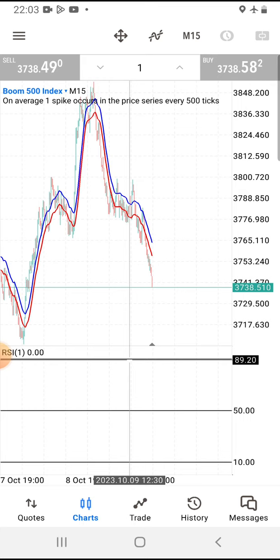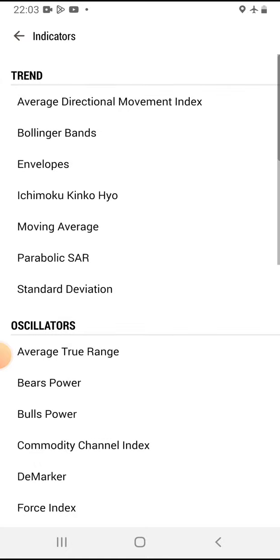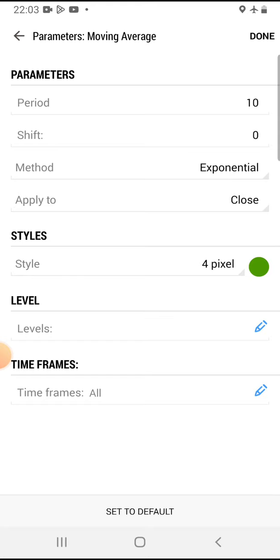Okay, and then finally, the last indicator that we need is our moving average, and it should go under our indicator window 1. So I'm going to go to indicator window 1, then look for the moving average that we need, which is this one.